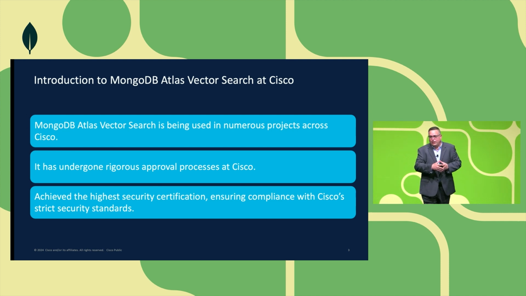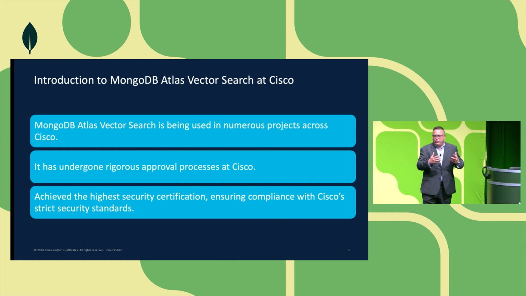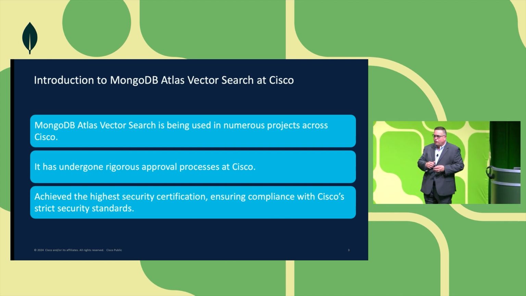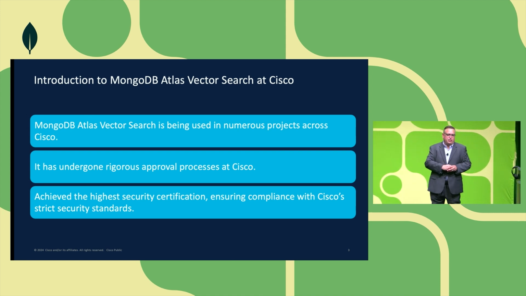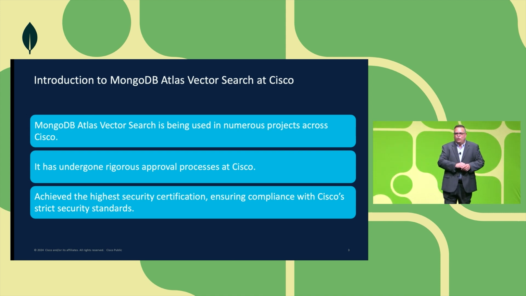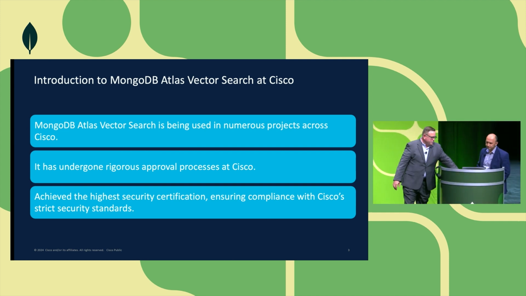Mongo went through that process so fast that I cannot tell you of any other company we have partnered with that has gone through it so fast, and it's a pretty rigorous process. You can ask the MongoDB team here. They put security as the number one priority, and because of that, they have a lot of security certifications.